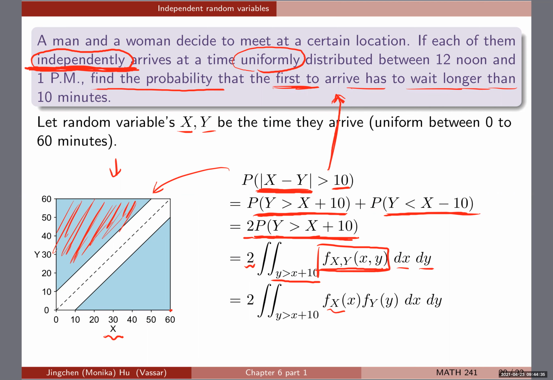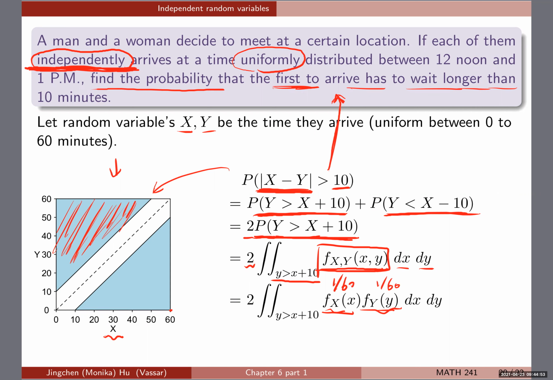That's why we're able to break it into these 2. For each of them it's 1/60, because it's uniform between 0 and 60 minutes, if we're using minutes as the unit. So it's 1/60 for one, 1/60 for the other.